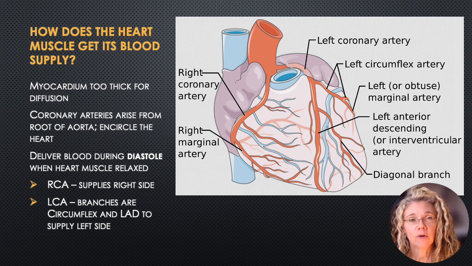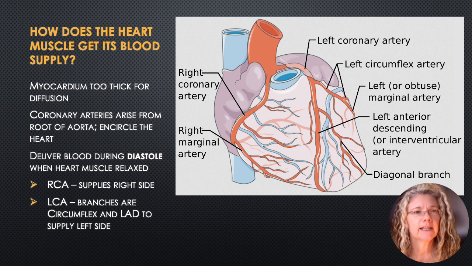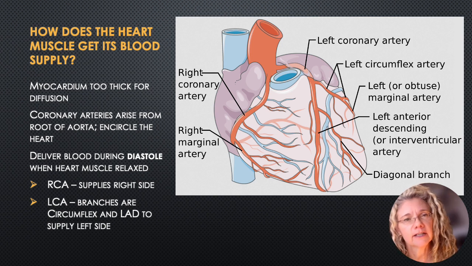And during diastole, when the heart muscle is completely relaxed, and the aortic semilunar valve is closed, a little bit of oxygenated blood is going to backflow, and that backflow pressure is what allows these coronary arteries to fill.